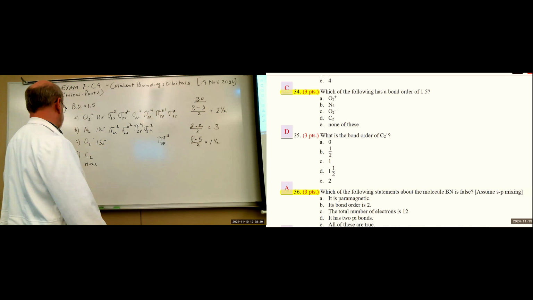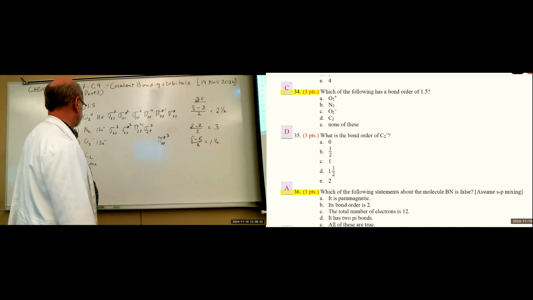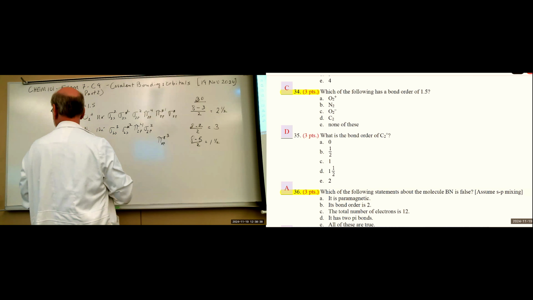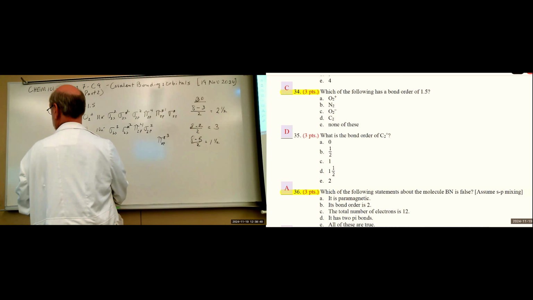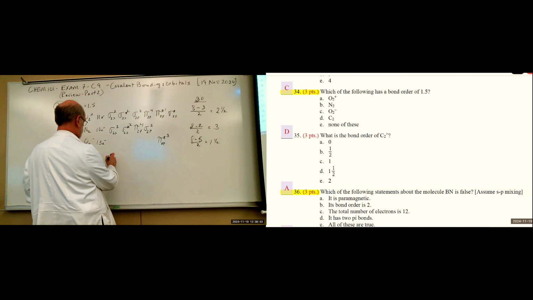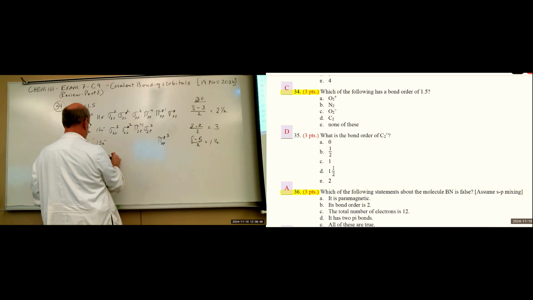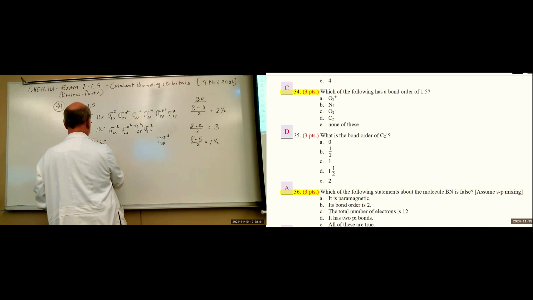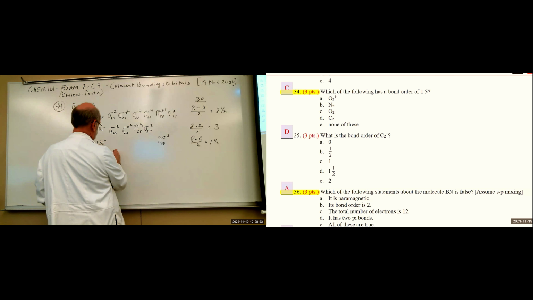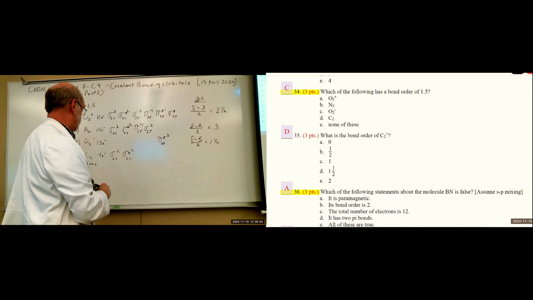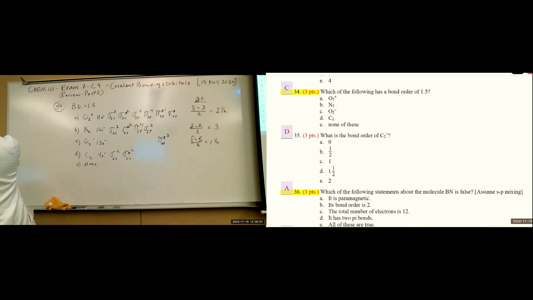If we did carbon, just for fun. Let's see. Carbon would be 2, 4, and it would be like this arrangement. So it'd be 4 electrons. That would be it, wouldn't it? 1, 2, 3, 4.